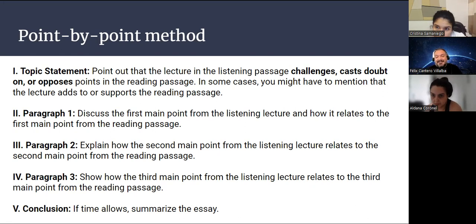The lecturer says. Okay, the lecturer says. So you have to use the cast doubt. So, however, in the lecture, the professor cast doubt on the idea and he says it is socially constructed, something like that. Okay, so make sure you say who says it. Otherwise, it's plagiarism. We don't want to do plagiarism.